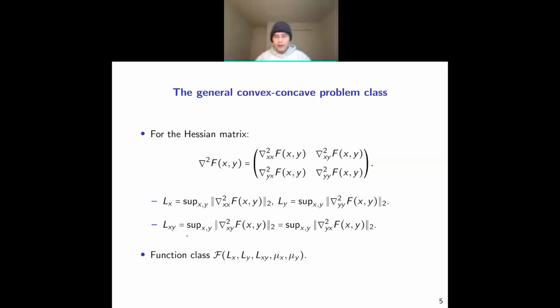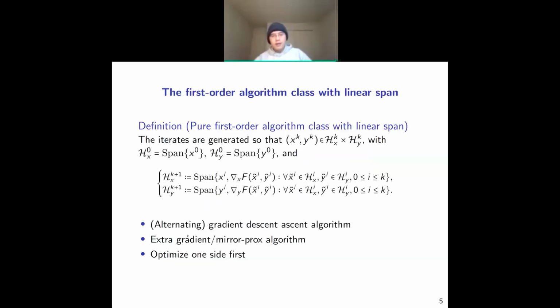So if we're considering this class of minimax problem, then we also need to define a corresponding algorithm to solve that. In this case, we define the pure first order algorithm class with the linear span structure.